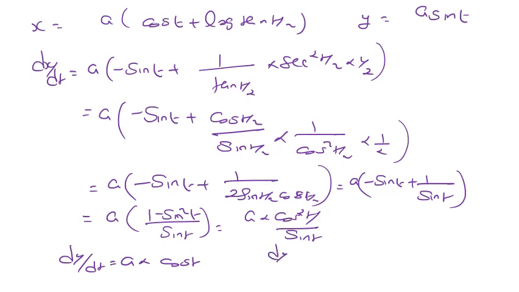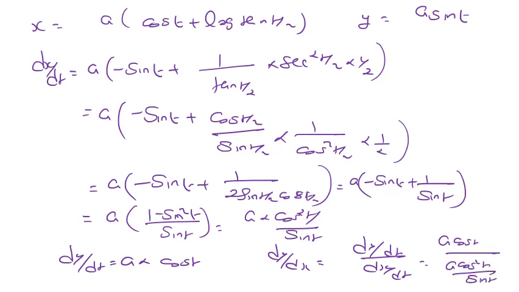You have to find dy by dx. dy by dx is equal to dy by dt by dx by dt, so a cos t by a cos squared t by sin t. The a will cancel, so the answer is tan t.